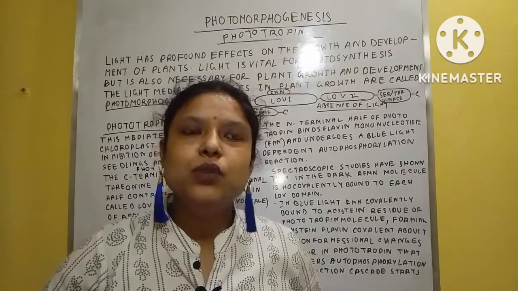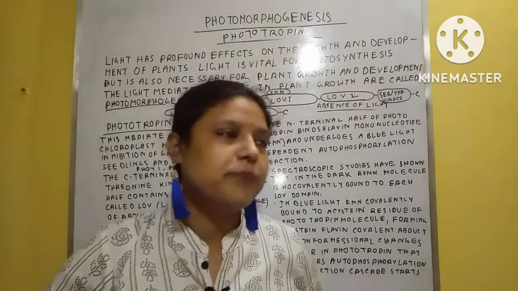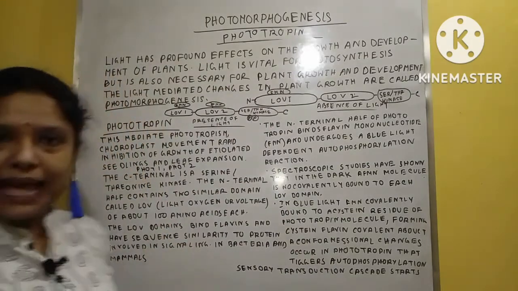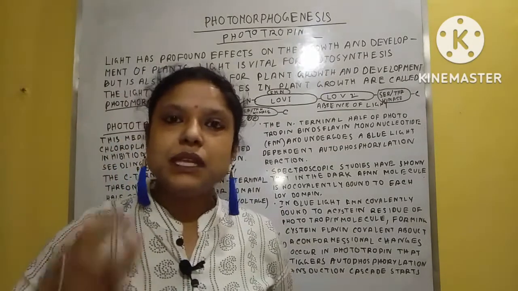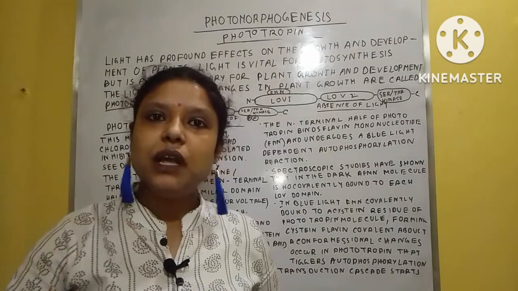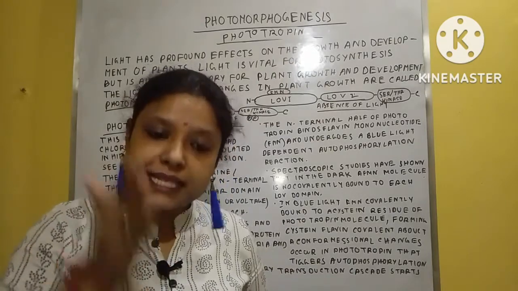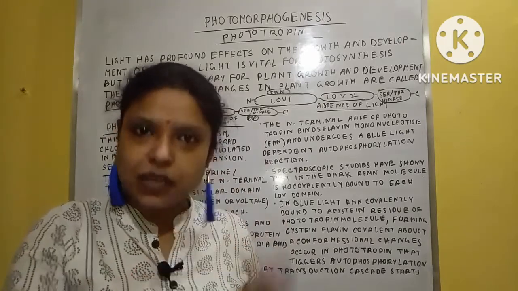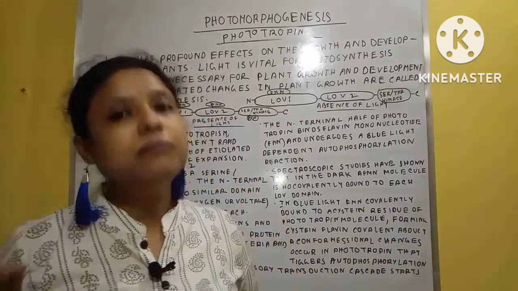Phototropin is the blue light factor, that means it is a pigment related to blue light. Its activity that controls the plant's development and growth is totally dependent on blue light.